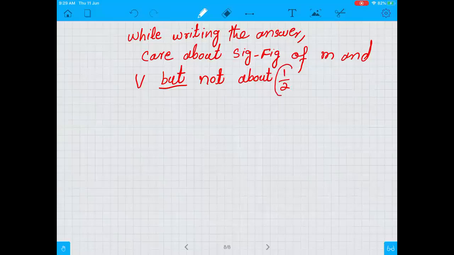So you'll ignore the significant figures of constants present in the formula. So constants present in the formula, their significant figures are ignored. They have no significant figures. So significant figures are only for the values which are taken from some instrument, not the constants.